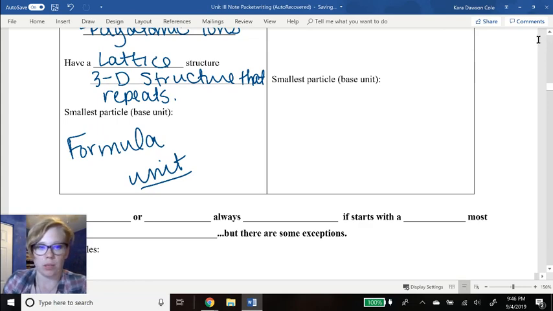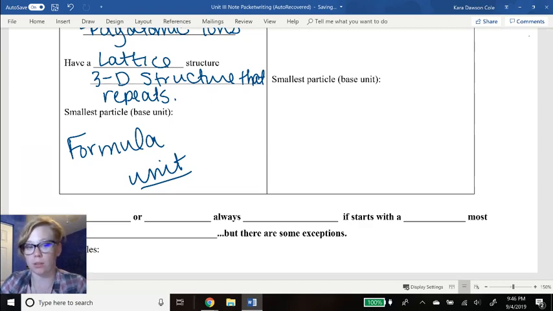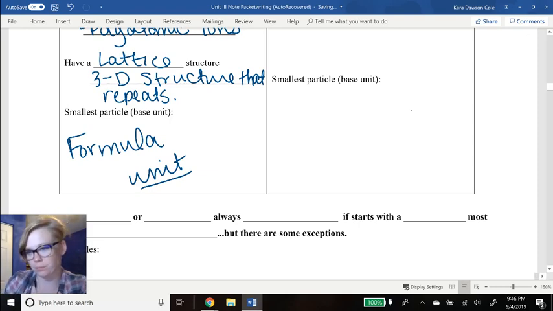The reason it's a formula unit is, again, the 3D structure repeats. You've got this lattice structure repeating regularly, and because of that, you have a lot of atoms together. So we call the smallest piece of that the formula unit.